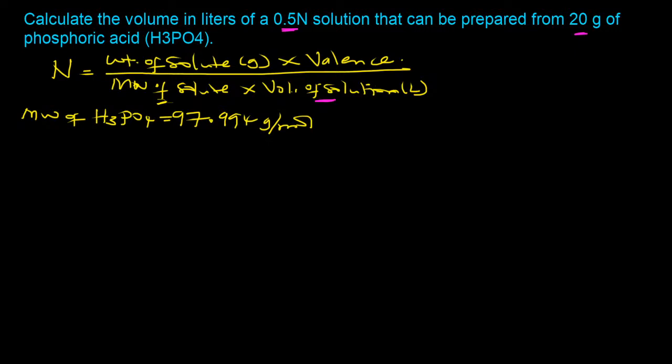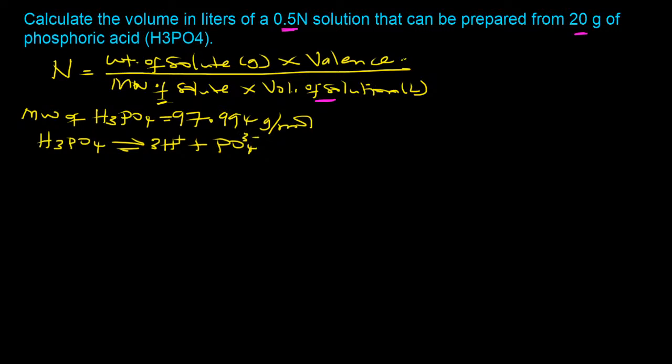And the next thing that we need is the valence here. So valence for phosphoric acid, H3PO4, if you allow that to dissociate in an aqueous environment, is going to be 3 protons plus PO4 3 minus.